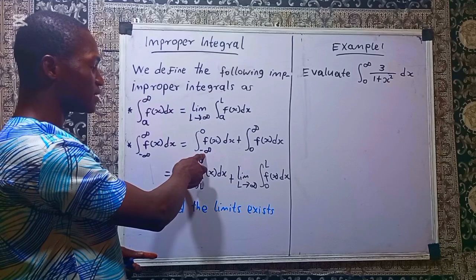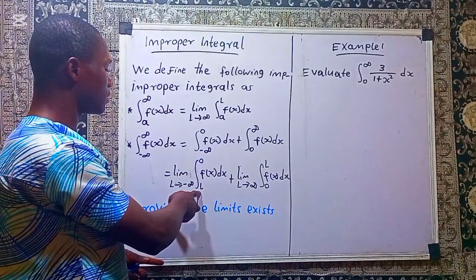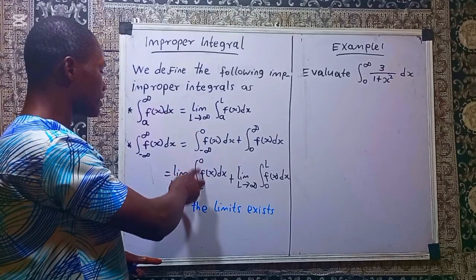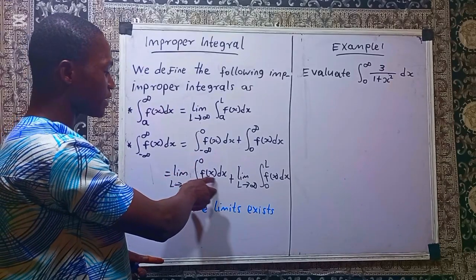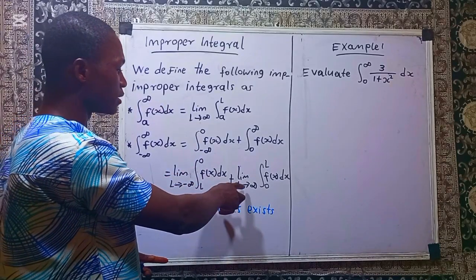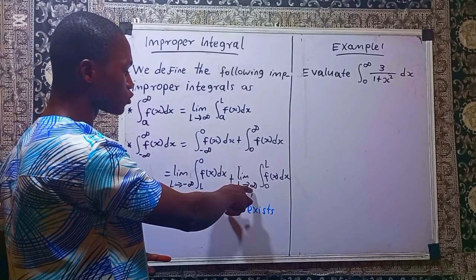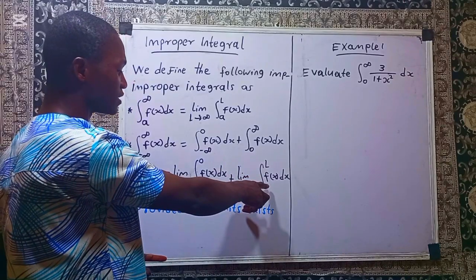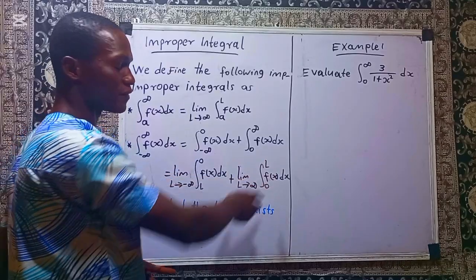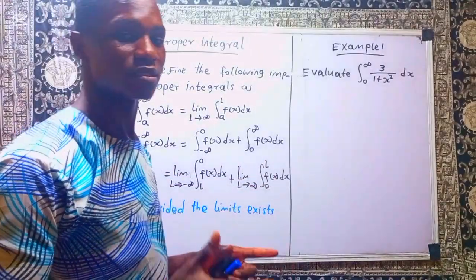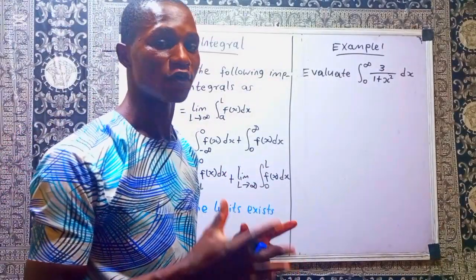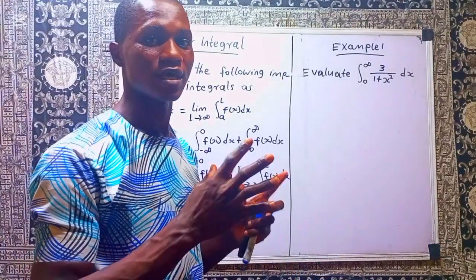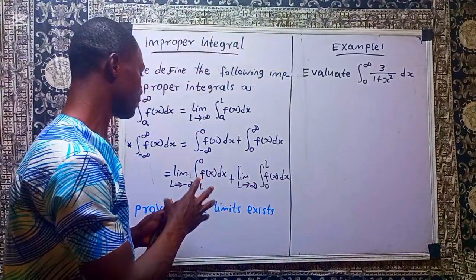So we now replace this negative infinity with L as L goes to negative infinity of integral from L to 0 of f of x dx plus limit as L goes to infinity of integral from 0 to L of f of x dx.